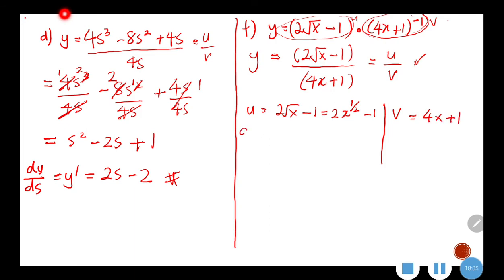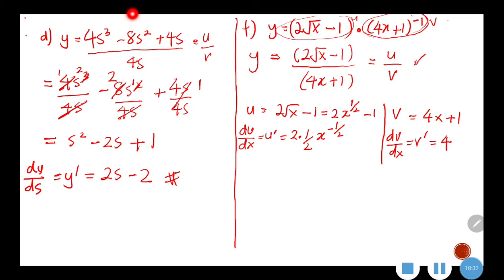Alright, so here du over dx or u prime is equals to, differentiate, 2x power of half here, so you get 2 times 1 over 2 x power of negative 1 over 2. Differentiate 1, zero. And then dv over dx or v prime is equals to 4.